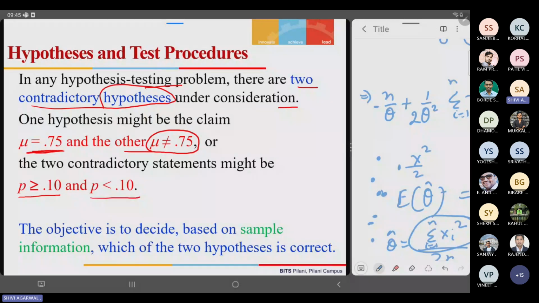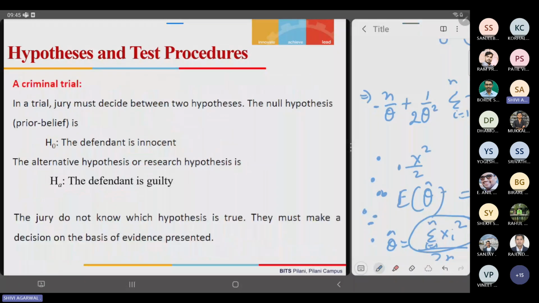Okay. So the objective is to decide based on the sample information. As I told you, we have to give some evidence based on the sample. So sample information is given and we have to identify which hypothesis is correct. Now just take up a simple example.